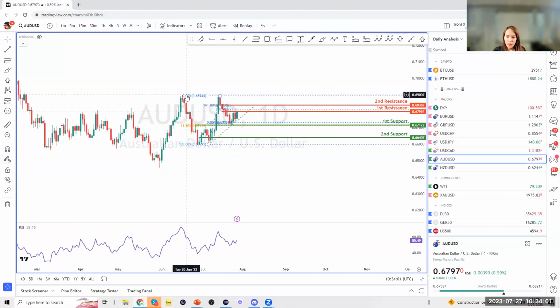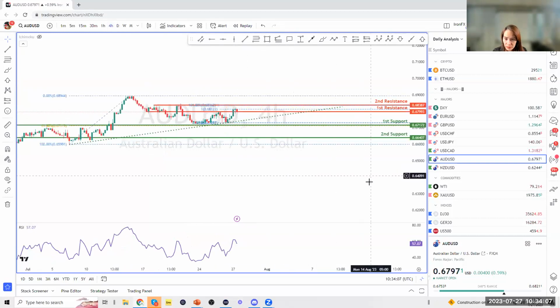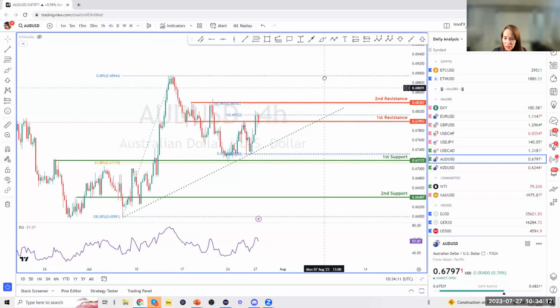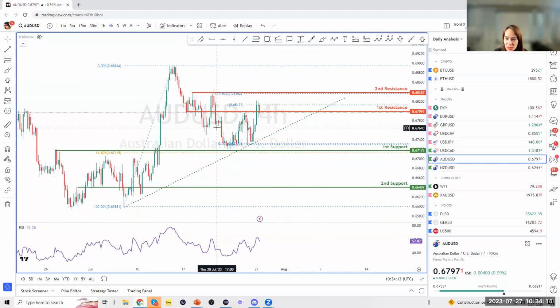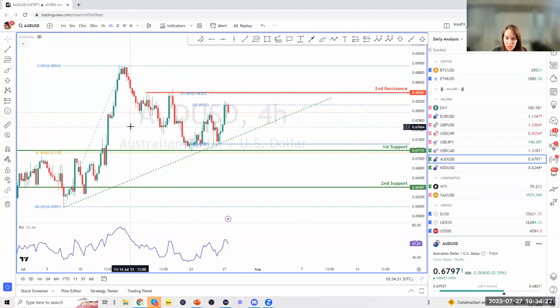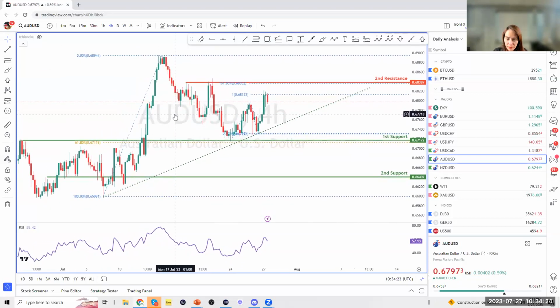I think in the daily time frame it is like sideways here. Price already broke my first resistance, which is this projection 100%. Price reacted at my 100% projection, so I need to change my level again.